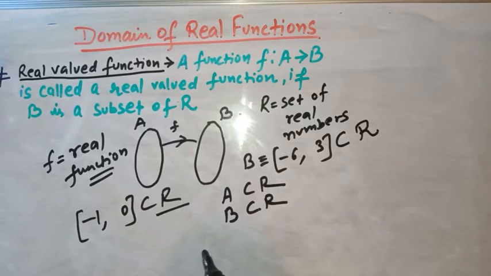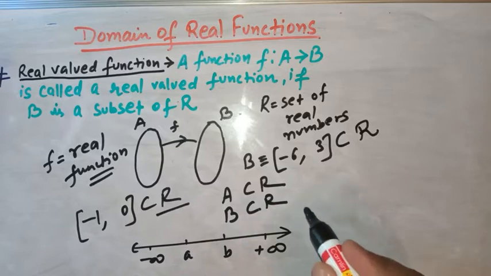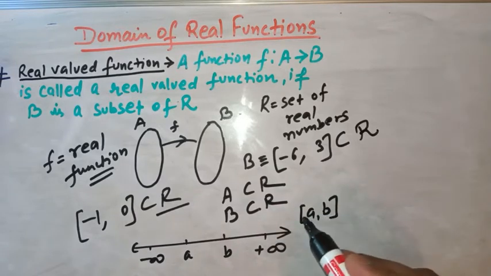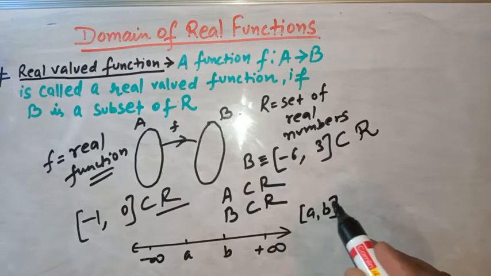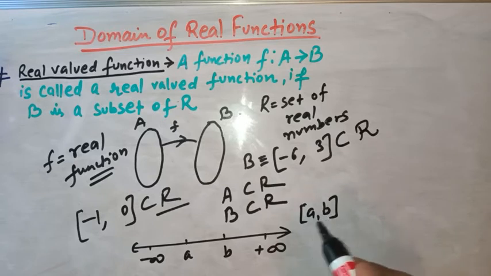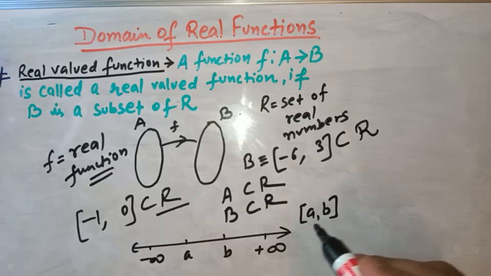So let this be the number line. Clear? And this is -infinity and this is +infinity. Suppose we have 2 points here, say A and B. Then see this interval A comma B, and this is closed, we use this symbol. So this is a closed interval from both ends.